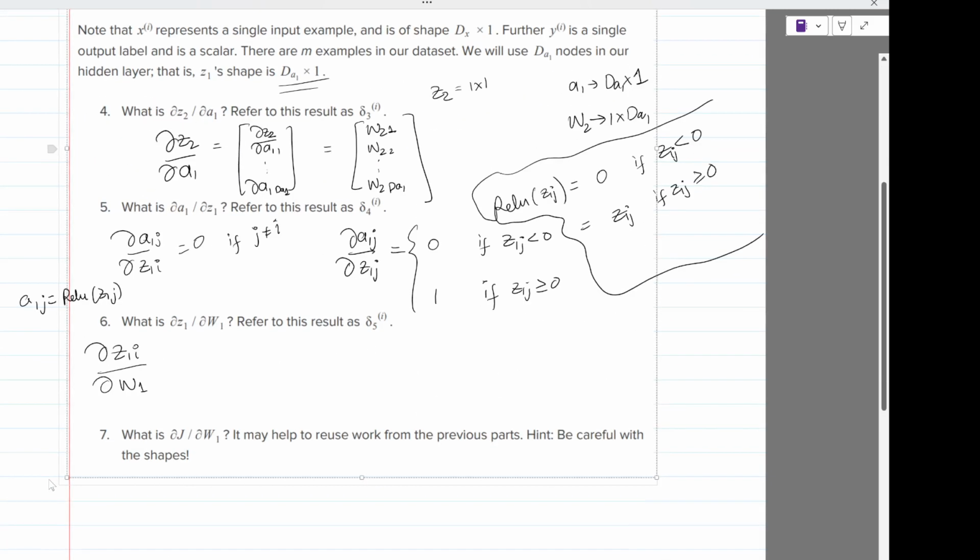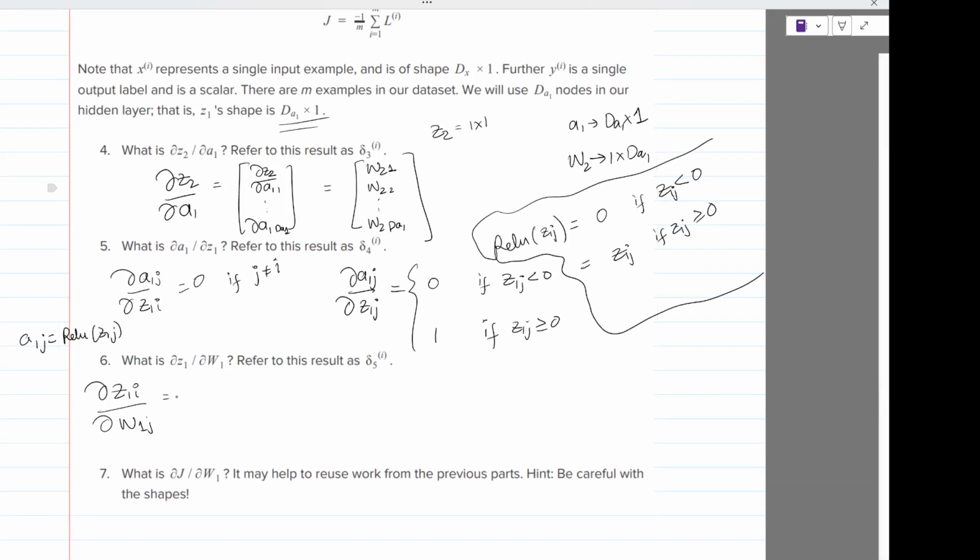So let's say if it's the jth column, I guess, that will be a vector. What will be the entries of this vector?